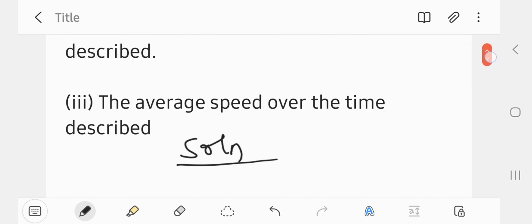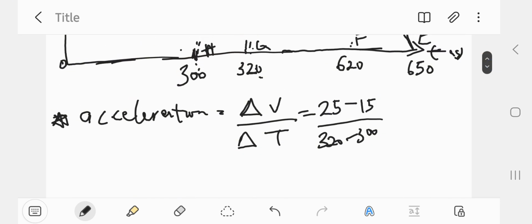If you subtract that, 25 minus 15 is going to give us 10. And 320 minus 300 will give us 20. If we solve that, we're going to have 1 over 2 or 0.5 meter per second square. Square because we're talking about acceleration. So we have answered the second question.